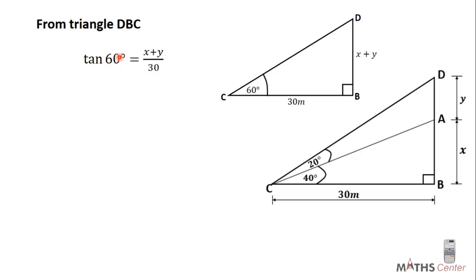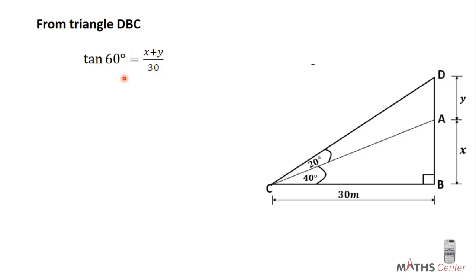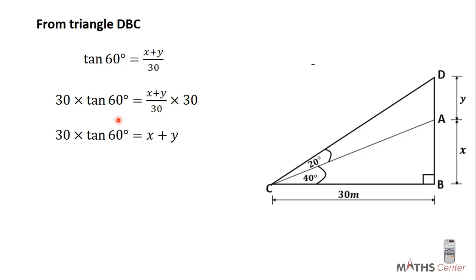So we say that tan 60 degrees is equal to opposite, which is x plus y, divided by adjacent, which is 30 meters. Okay, so we have our equation here. So let's solve it. I'll multiply the left hand side by 30. I'll multiply the right hand side by 30 so that this 30 and that 30 will cancel. So 30 times tan 60 degrees is equal to x plus y.